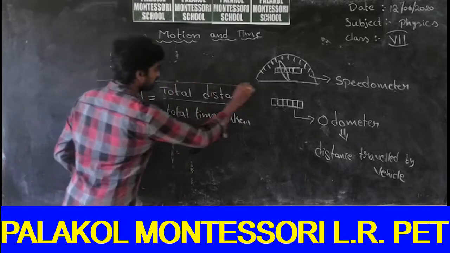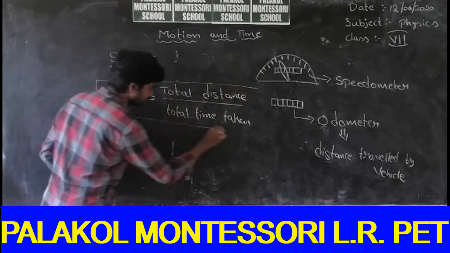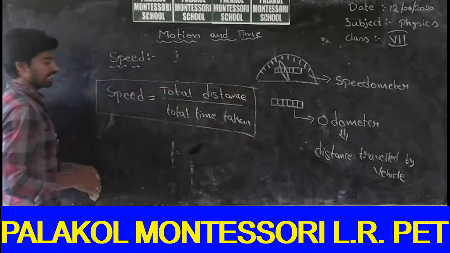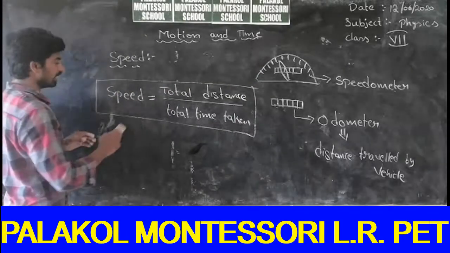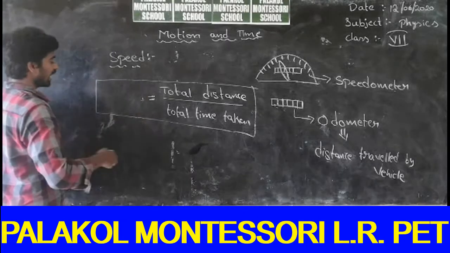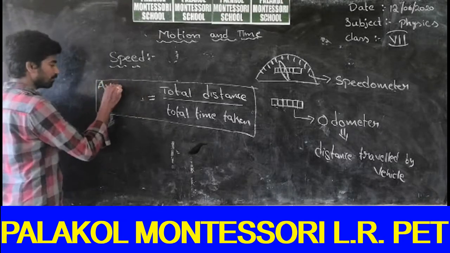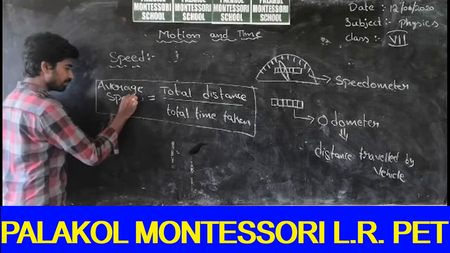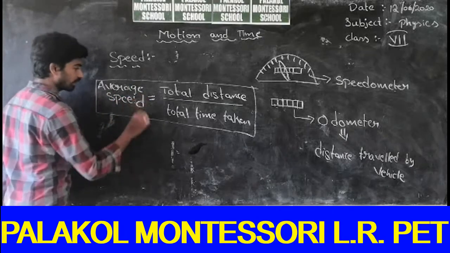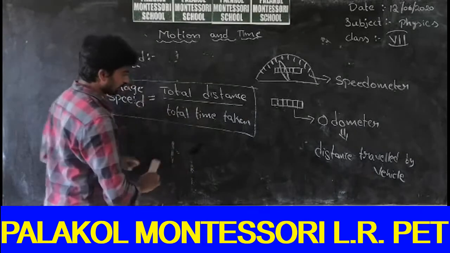You can find the speed of an object in motion with the help of this formula. Especially, we call this average speed. So average speed is equal to total distance by total time taken.